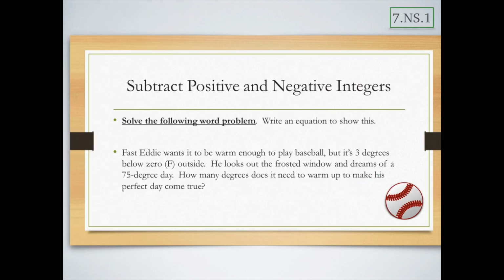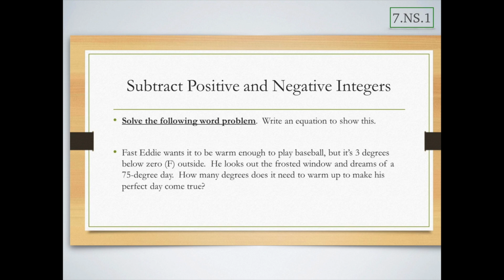Now we're going to do a couple of word problems, and we will be done shortly. Here I wrote one for you. It says, Fast Eddie wants it to be warm enough to play baseball outside, but it's 3 degrees below zero Fahrenheit. He looks out the frosted window and dreams of a 75-degree day.